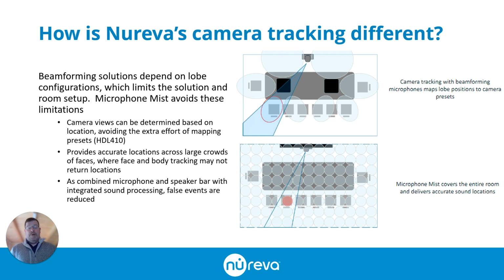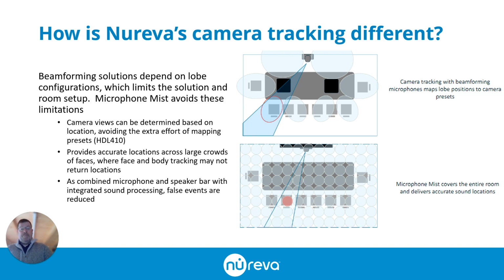Accurate directional information is passed from the HDL300 and HDL310. However, as already mentioned, the HDL410 with the 2 soundbars can accurately triangulate the exact location to provide XY coordinates of the active speaker. With accurate location data, the issue of finding a speaker across a crowded room is dramatically reduced.